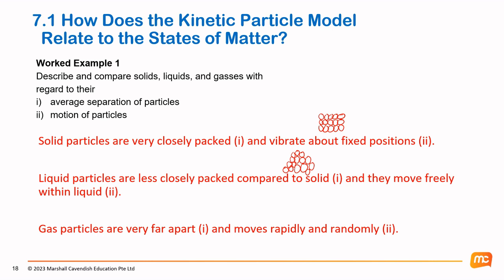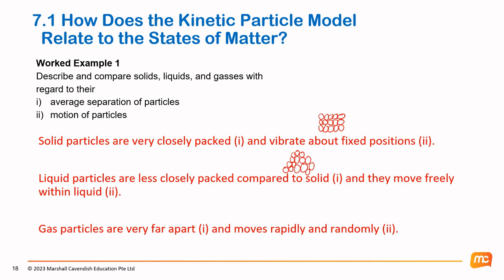You can see over here they are randomly arranged, and this shows that the particles are able to freely move about while still being quite closely packed together. But you can see over here that there are a few more empty spaces between the liquid particles compared to the solid particles. And that is why they are less dense than solids.